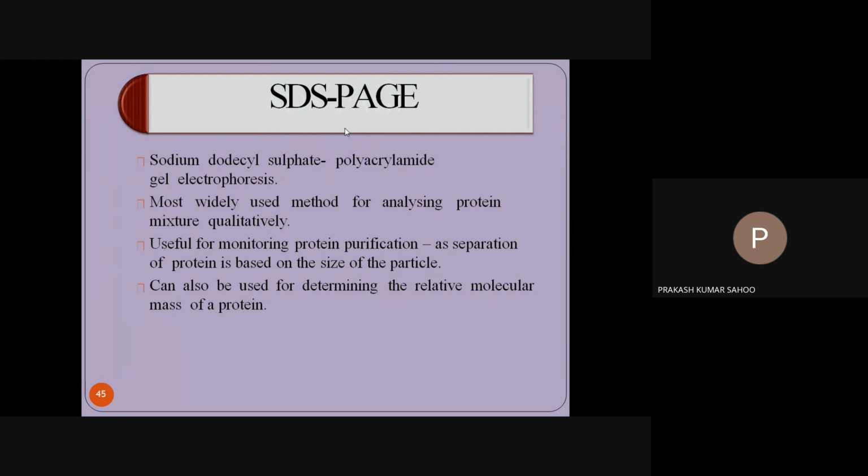And also we can determine the molecular weight of the protein using this technique, that is SDS-PAGE. So SDS is nothing but sodium dodecyl sulfate polyacrylamide gel electrophoresis.